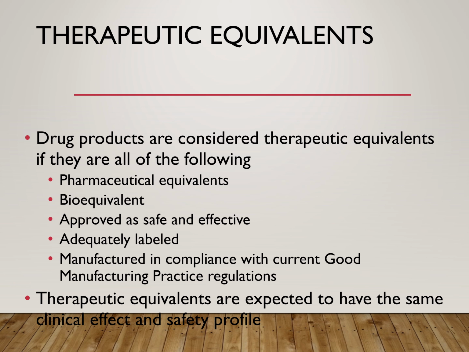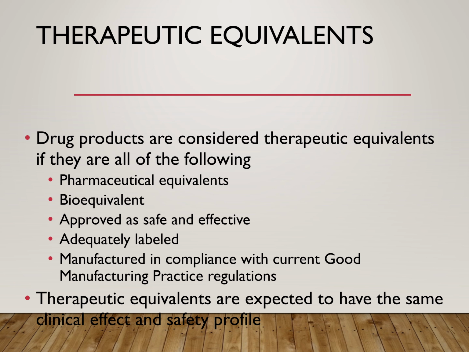A drug should be approved for administration to patients as per the guidelines of the respective countries and regulatory bodies. Then adequately labeled. It should be properly labeled. Then manufactured in compliance with current GMPs, in an industry or lab approved by GMP.